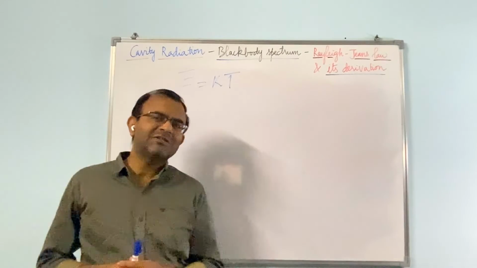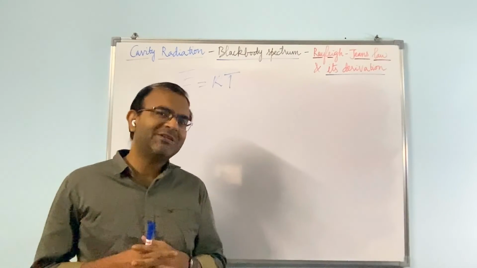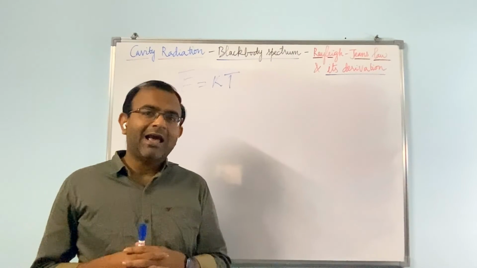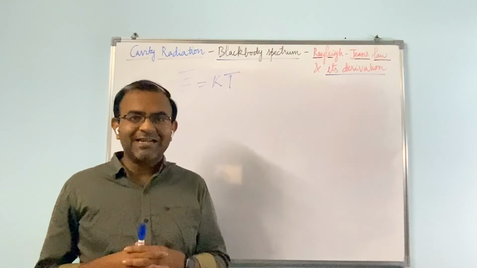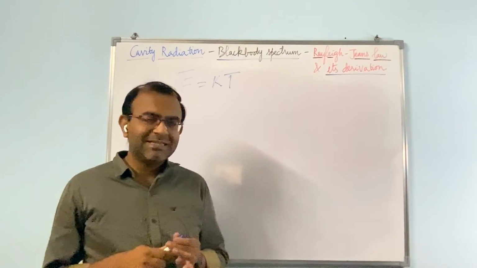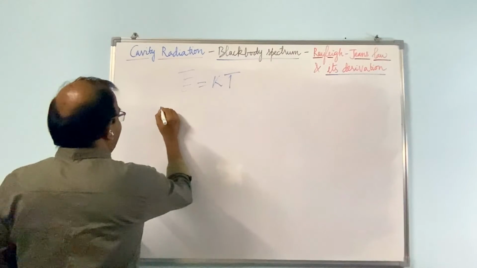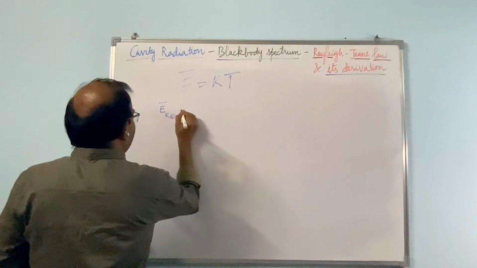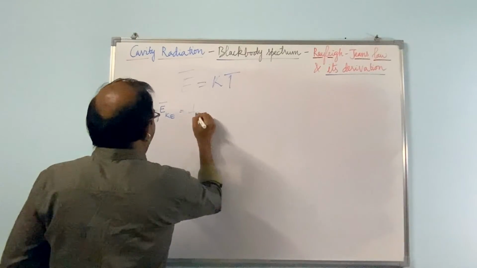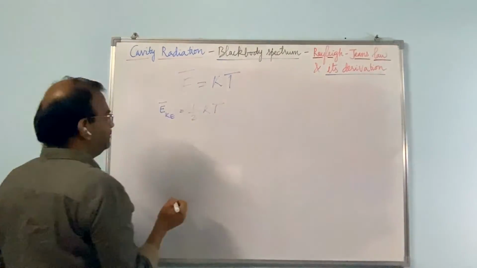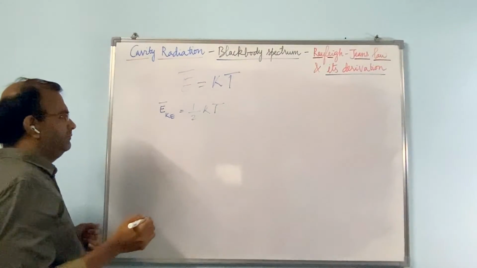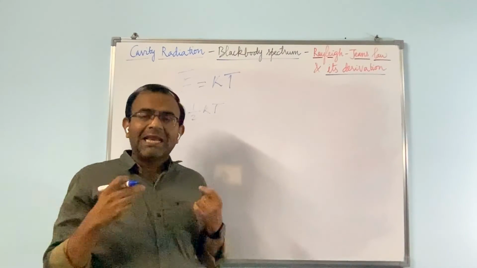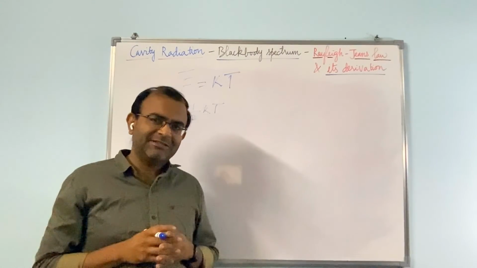According to this law, for a system containing a large number of similar entities in thermal equilibrium, the average kinetic energy of the system is half kT, where this 1 here comes from the number of degrees of freedom present in that system.